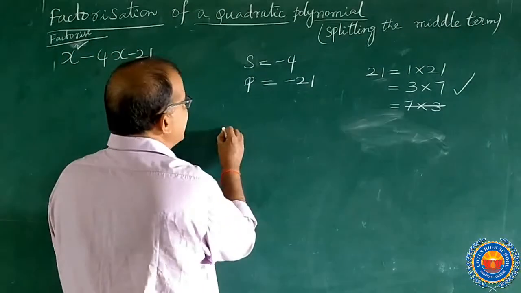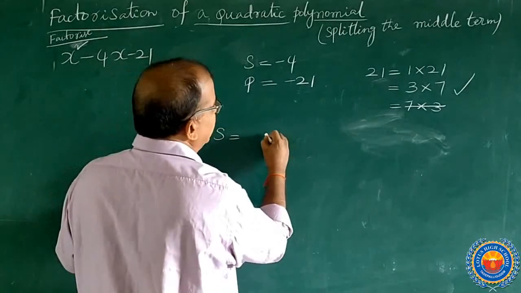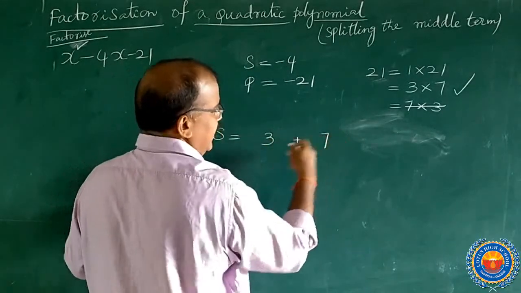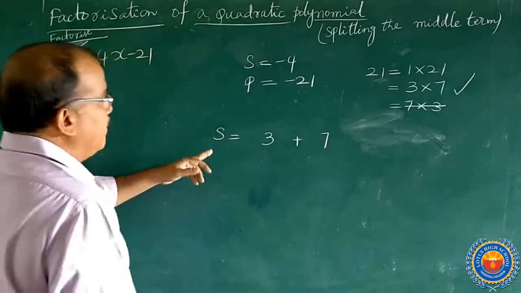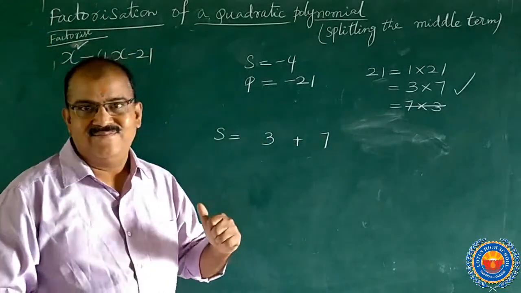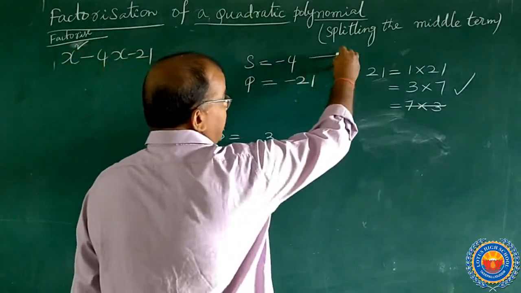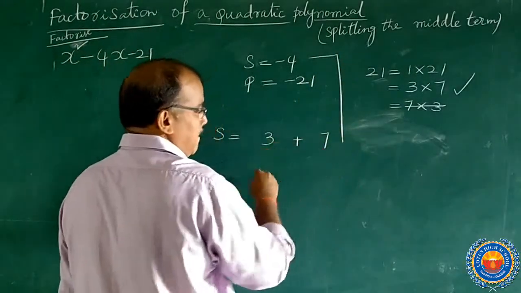If you take those two numbers and add 3 plus 7, I am getting 10. The sum should be minus 4.